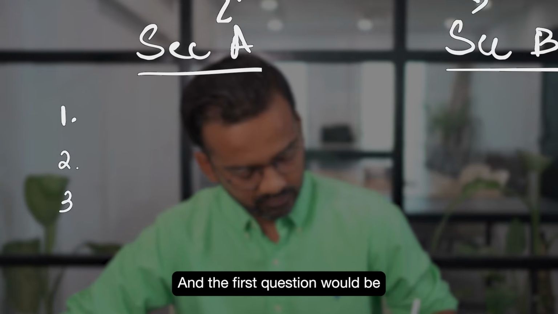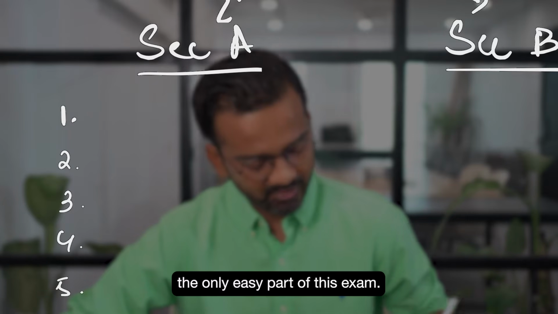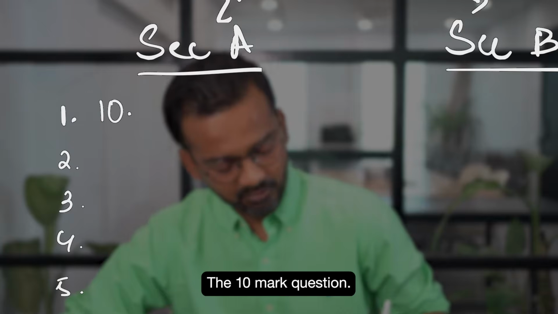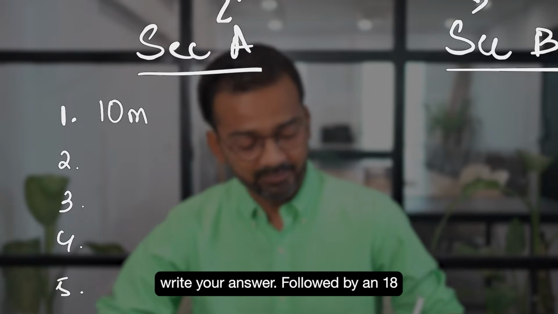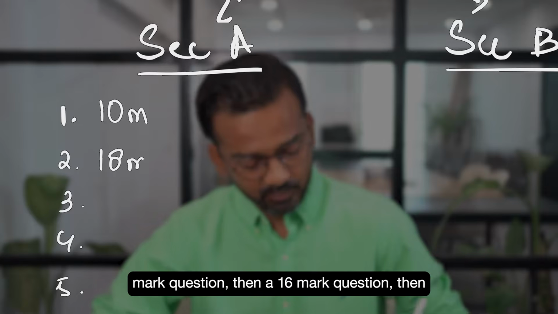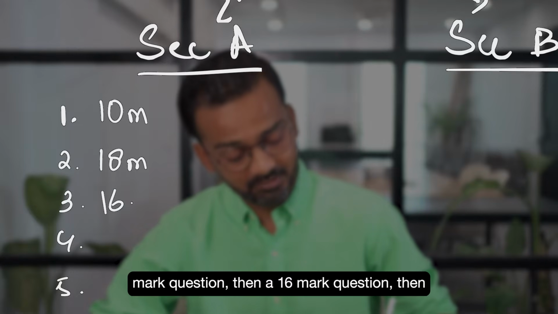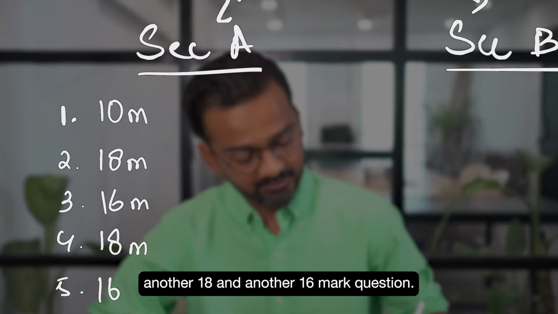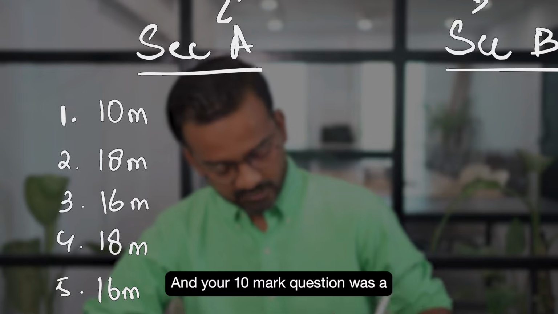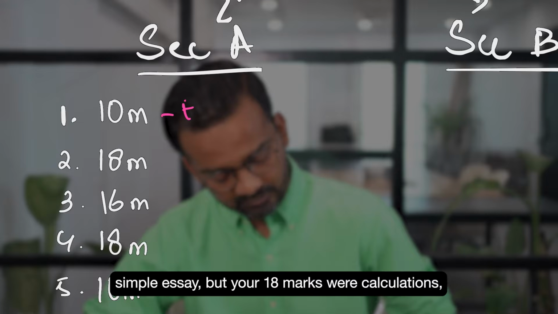The first question would be the only easy part of this exam, the 10-mark question, and this is where you're given 2 pages to write your answer. Then it would be followed by an 18-mark question, then a 16-mark question, then another 18, and then another 16-mark question.